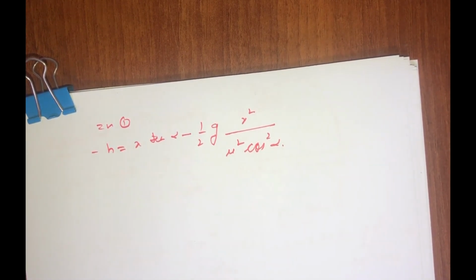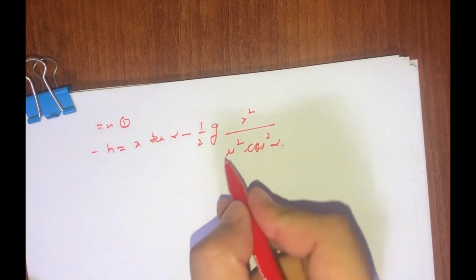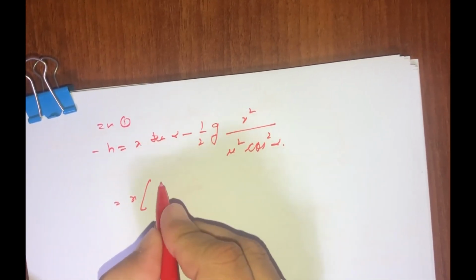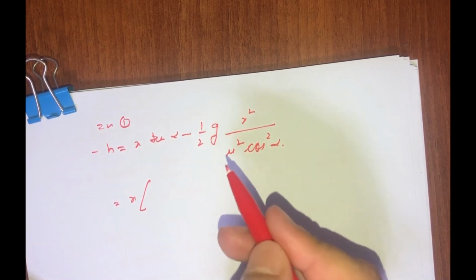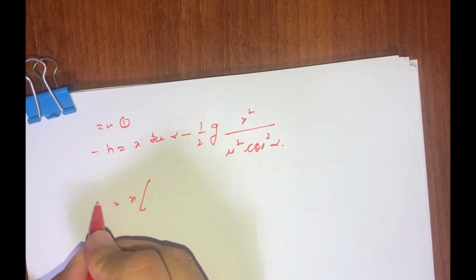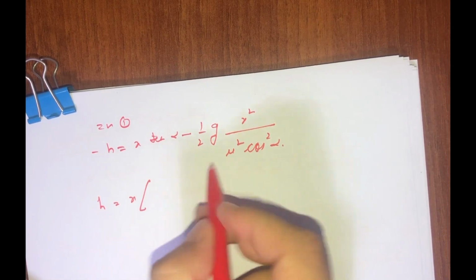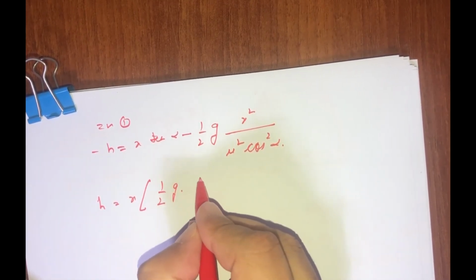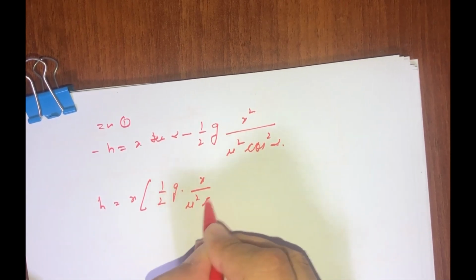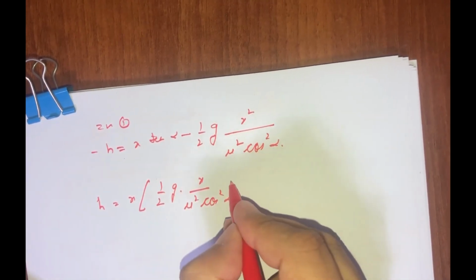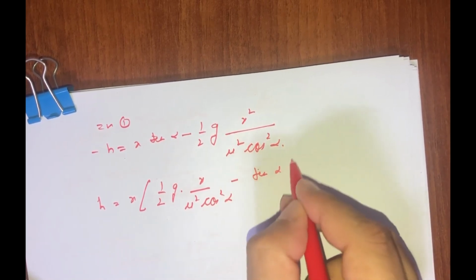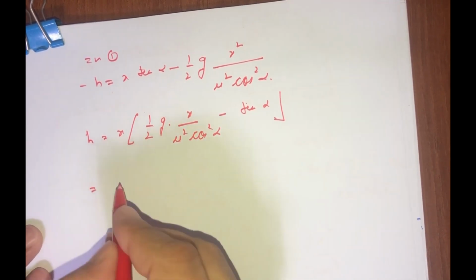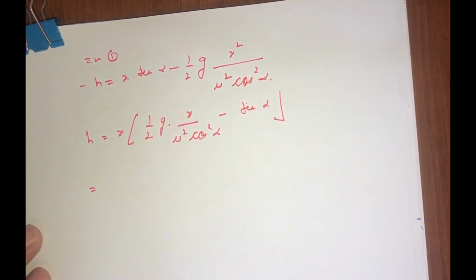Solving further by taking x as common and taking care of the minus sign, we get h equals one half g x divided by u square cos square alpha minus tan alpha, multiplied by x.